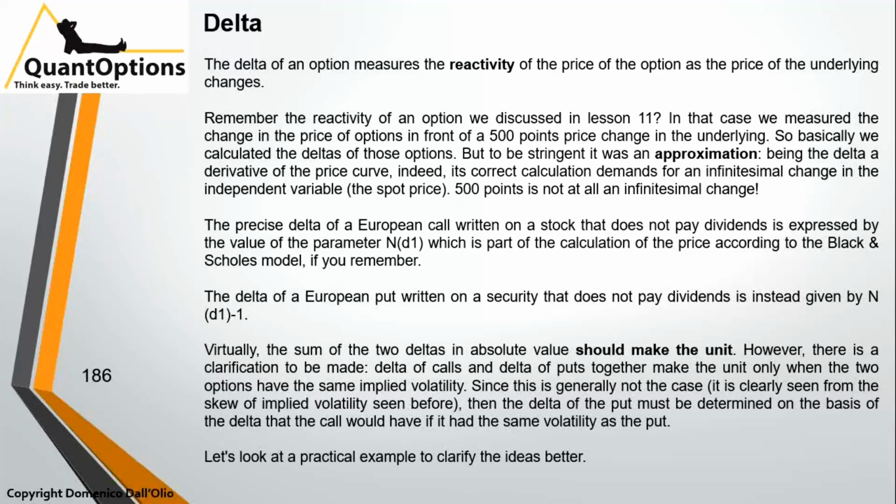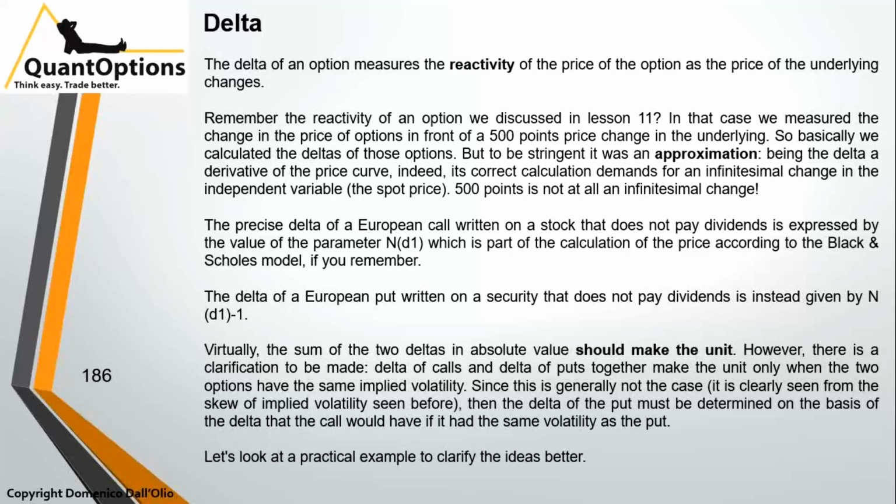The precise delta of a European call written on a stock that does not pay dividends is expressed by the value of the parameter N of D1, which is part of the calculation of the price according to the Black-Scholes model, if you remember. Later on, I will show you how to put the Black-Scholes formula in an Excel spreadsheet and how delta can be calculated.